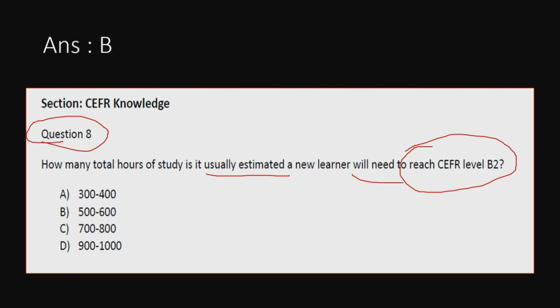So I just showed you a slide that you need to learn and memorize, literally rote learn those time spans mentioned in the slide, and as per that guideline, your correct answer is answer B, that is the time frame ranging from 500 to 600 hours. So that's why you can get questions related to the time frame or time span required to reach each level. So it's better you rote learn and memorize nicely the previous slide.